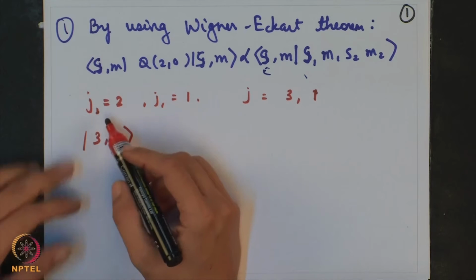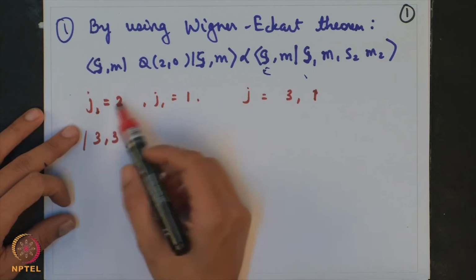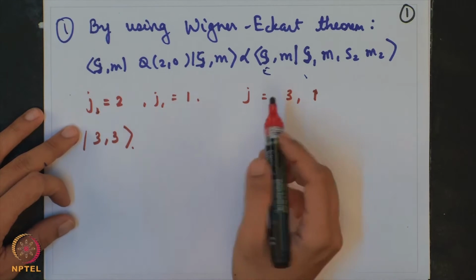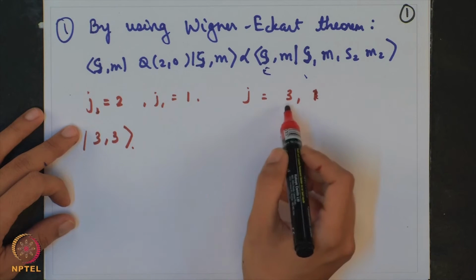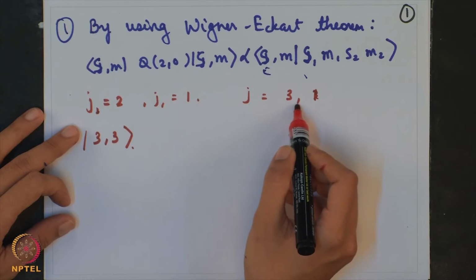When your J1 is 1 and J2 is 2, these two values you can take actually. So, your capital J will be 3 and 1, but we are interested in taking J is equal to 3.